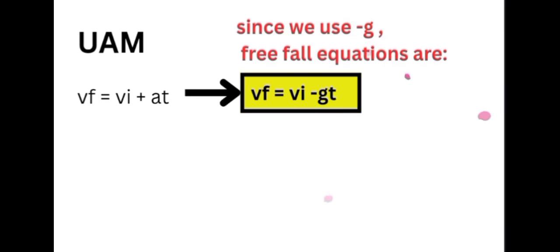So changing the a to acceleration due to gravity, which is constant, will become Vf equals Vi minus gt. And it is now having a negative sign because it's acted downward.